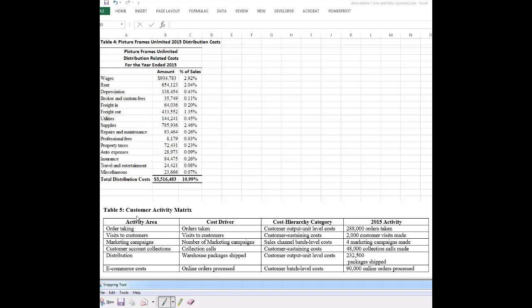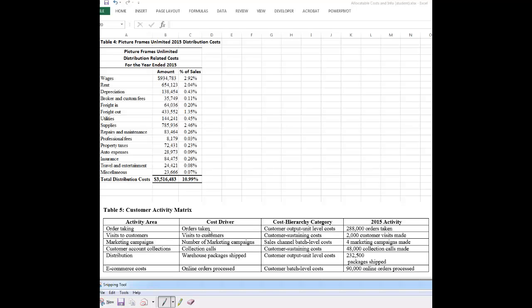And that's the reason for this customer activity matrix, to give you some indication of what drives these costs when we had the accountant in the case sit down and determine it. We came up with these, what are there, 6 of them here, different categories or cost drivers, activity areas that drive these specific costs.